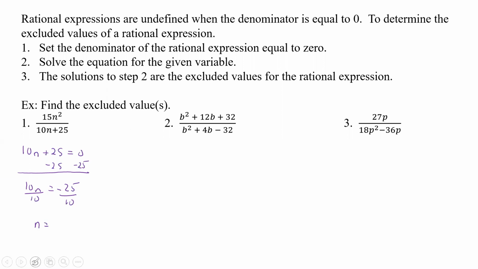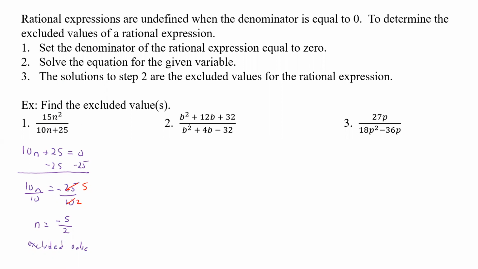Well, that can be reduced. 5 will go into here twice, 5 will go in here 5 times. And so our final value is actually minus 5 over 2. And so that is the excluded value. Okay, so this one just has one excluded value. And we would expect that because we have just a 1 on our value for n.